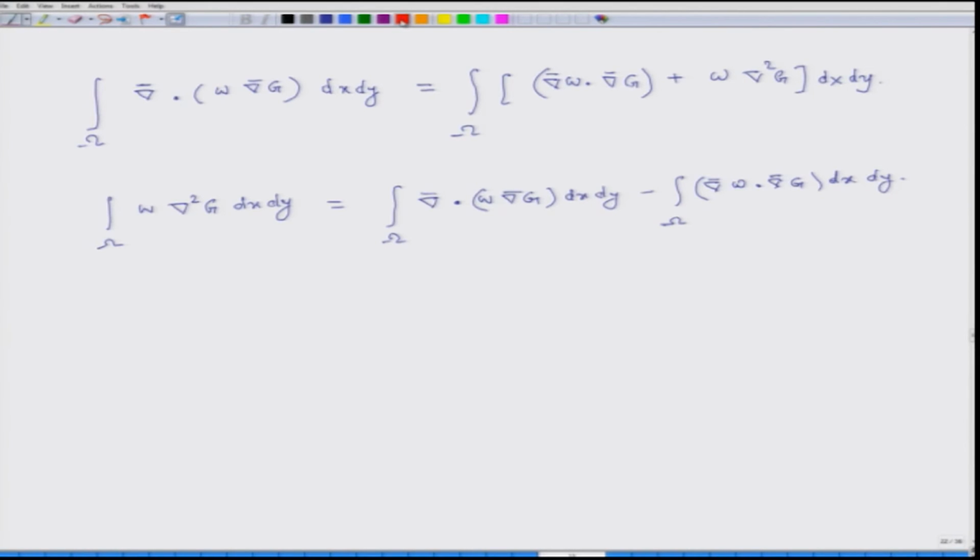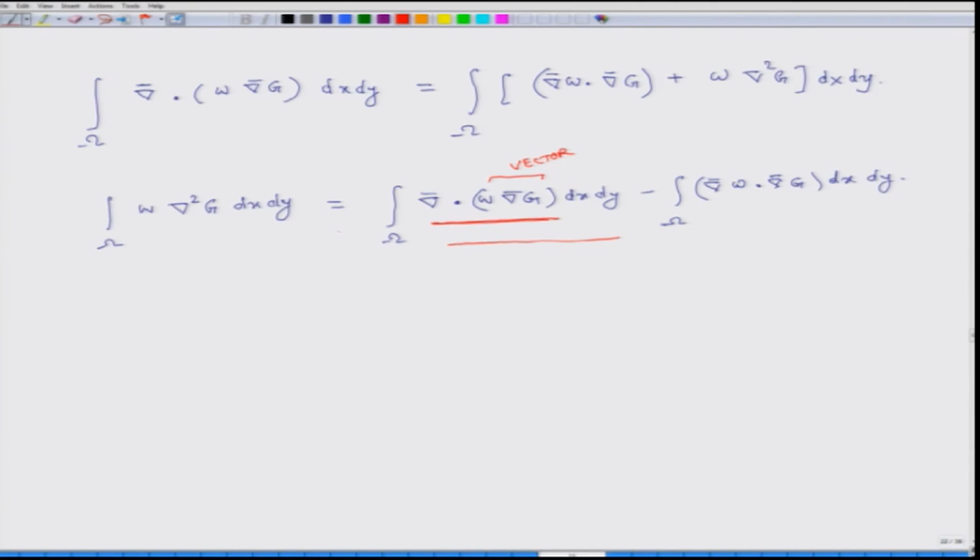Now I will apply the divergence theorem on this term. This is a vector, because w times gradient of g is a vector, and when I operate on it with the grad vector and take the inner product, it is the divergence of that vector.